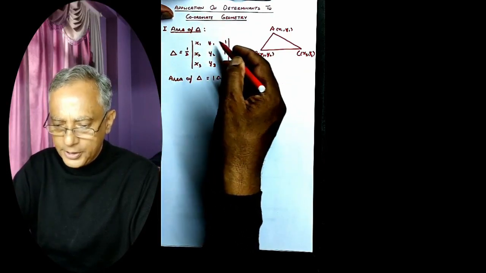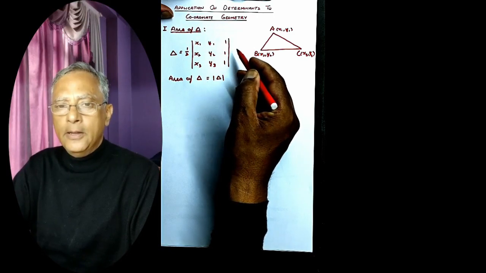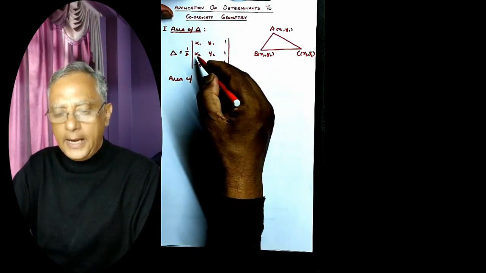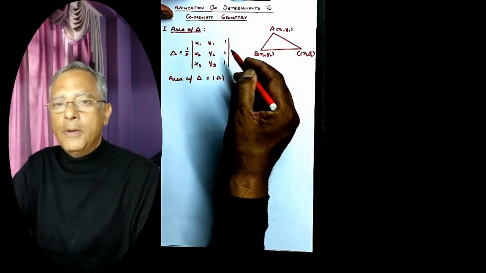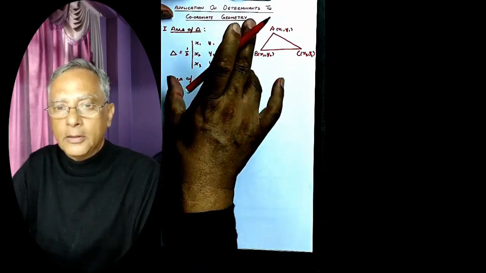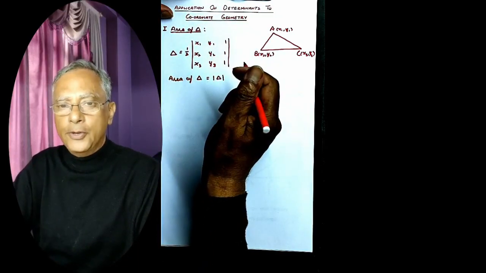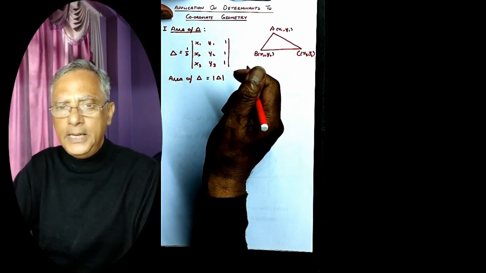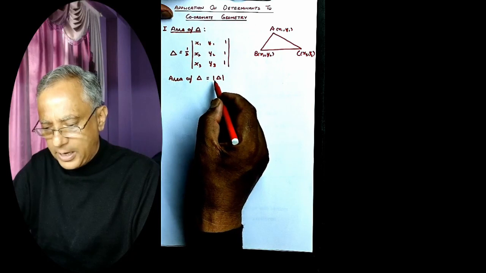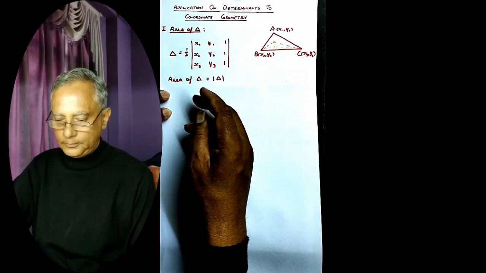So if on evaluation the value of this comes out to be say +3, then area is taken as +3. And if the value of this comes out to be -3, we will take the value of the area as +3. Only the absolute value is taken. Area is always positive. So we define area of triangle as equal to mod of delta.